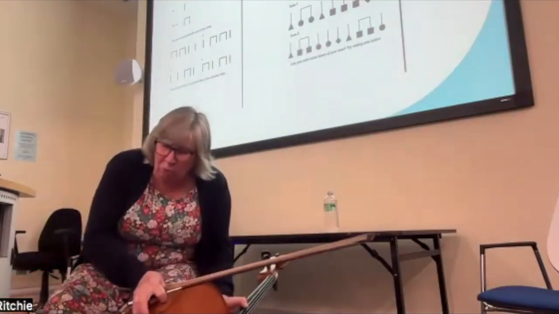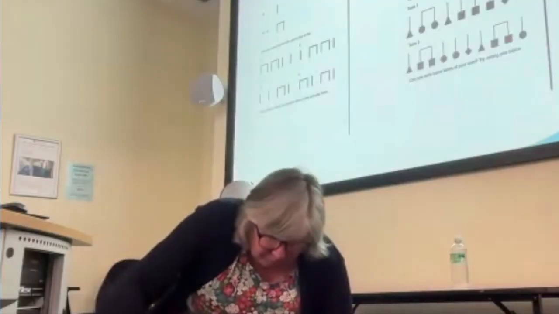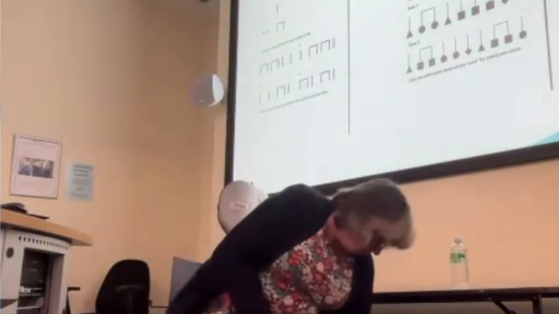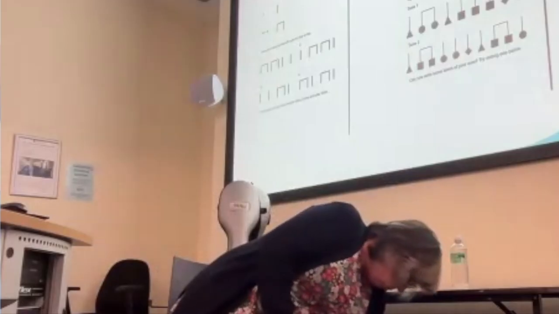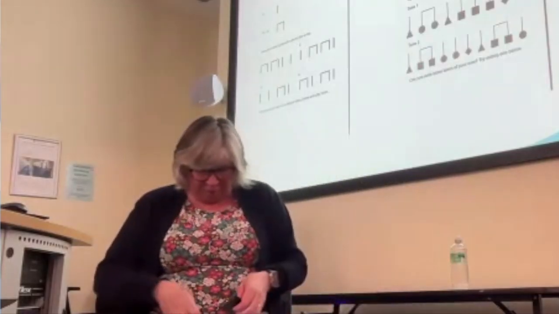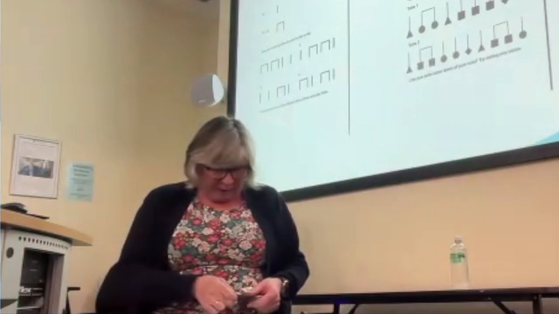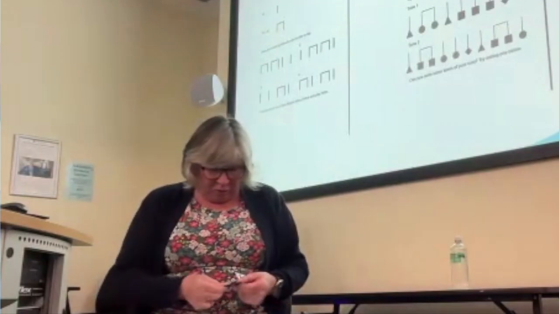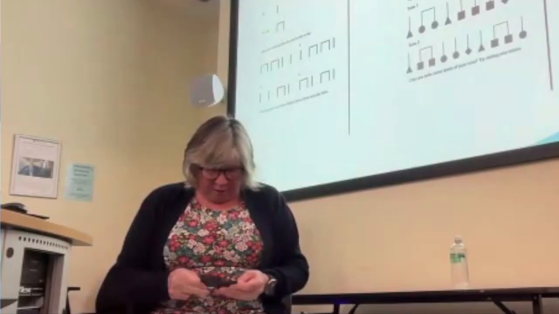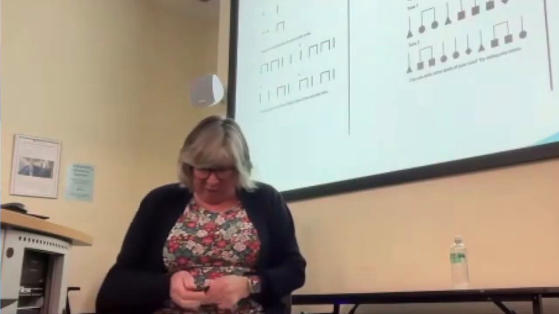Now you might want to know how we get the students composing just from that first lesson. So I've got a whiteboard here which I will hold up in a minute, and I'm going to just put down some random cello shapes.